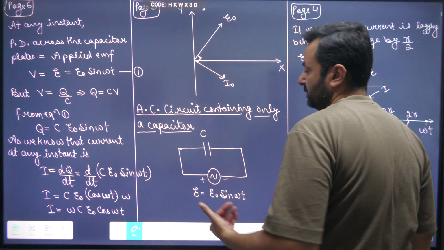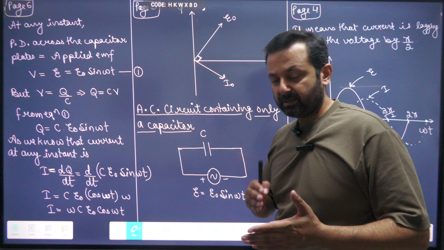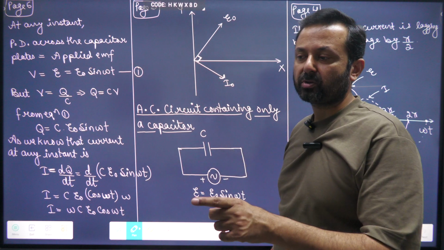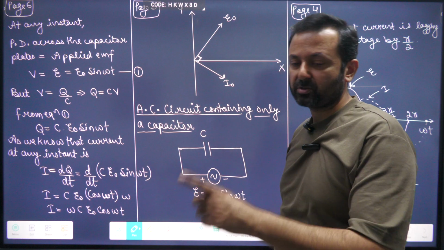So what I will do here, I will write sine 90 plus omega t, because sine 90 plus theta is also cos theta, and sine 90 minus theta is also cos theta.